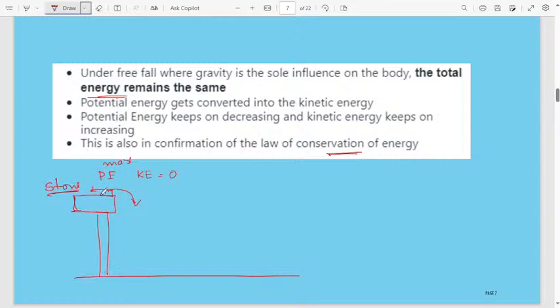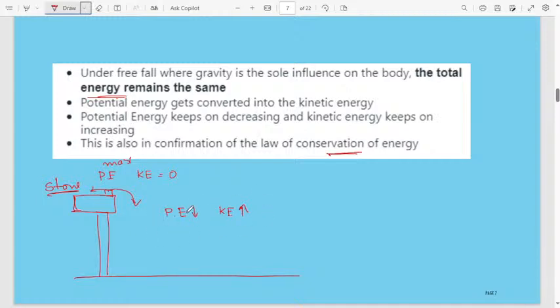What will happen when I make this stone free fall? Then the potential energy will start decreasing, kinetic energy will start increasing, but total energy will remain the same. The sum of potential and kinetic energy remains the same.